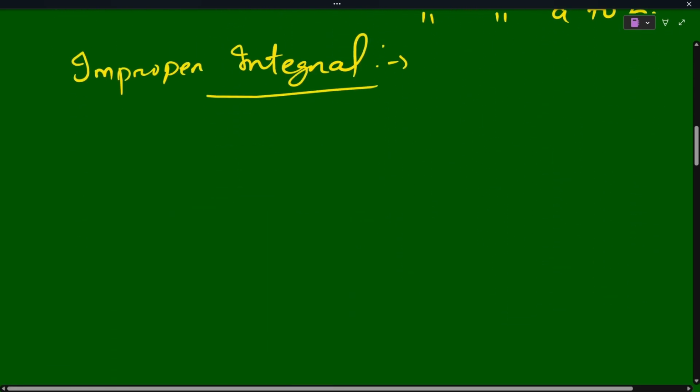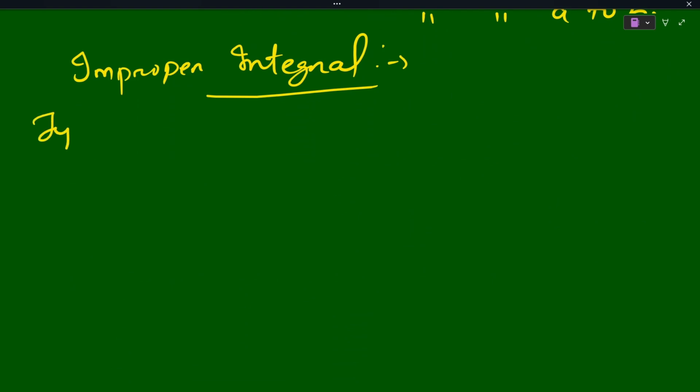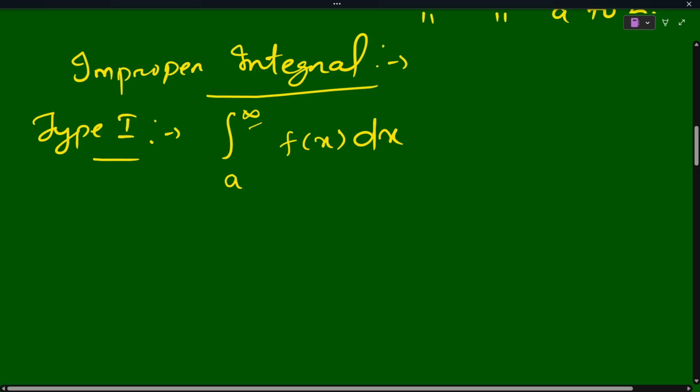For example, suppose I take the type 1 integral, in which I am defining the integral from a to infinity of f of x dx. In the definite integral it was from a to b, but in the improper integral this upper limit is infinite here. So how to solve such types of problems?